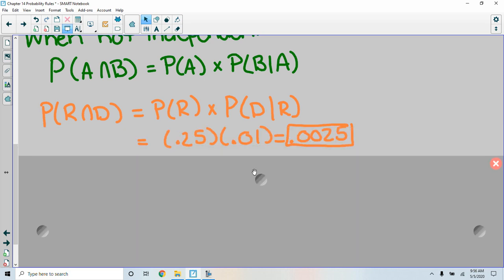We have those values. 25% of them are rechargeable, and 1% of those rechargeable batteries are defective. So we have a 0.25% chance, so less than 1% chance, that we randomly select a rechargeable defective battery.